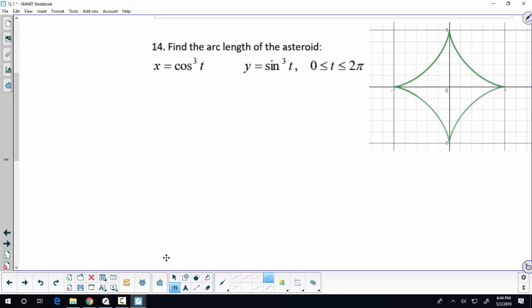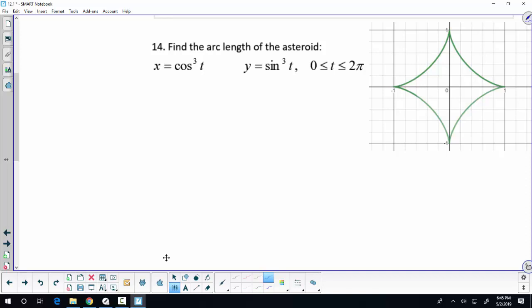I just went out far enough that I would get the whole thing. Now, these problems will say that in order to find the arc length, you've got to make sure a complete curve is generated. I wouldn't worry about that. The problems that you are given, a complete curve is generated on the interval. So we've got a complete curve generated from 0 to 2 pi.